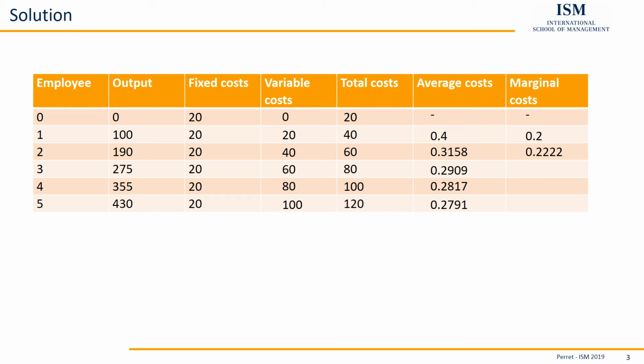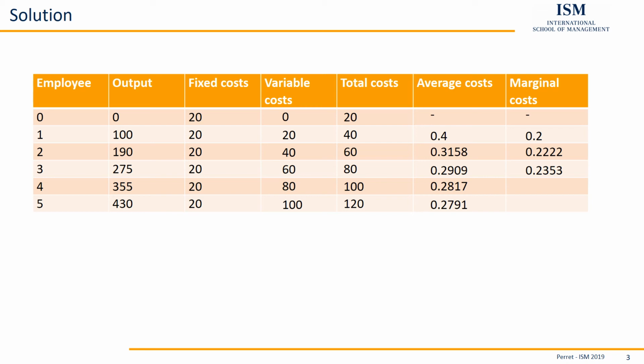And an output increase by 85 from 190 to 275. So 20 by 85, that's 0.2353.